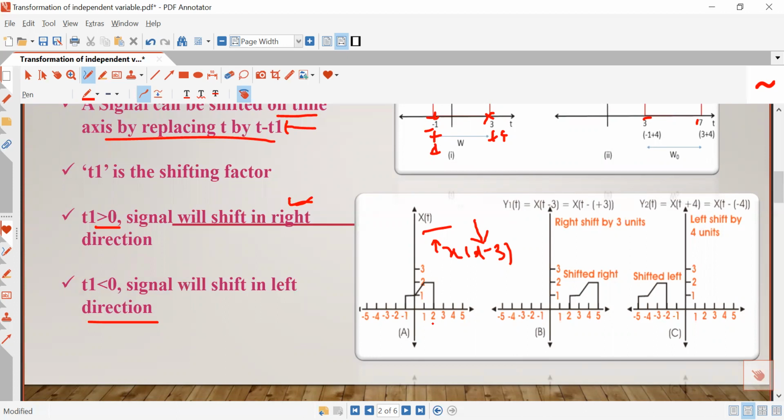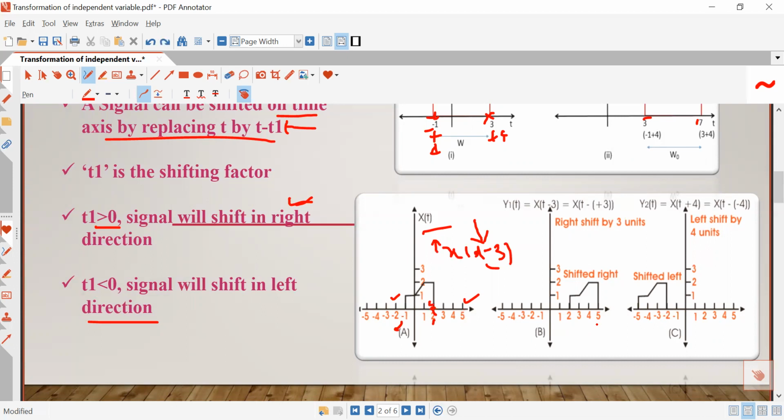So now this point 2 will become 5, and this point minus 1 plus 3, because you are going to shift by 3 units, will be 2. So this point now becomes this. So now the signal will exist between 2 and 5. The same signal will exist between 2 and 5, just shifted.